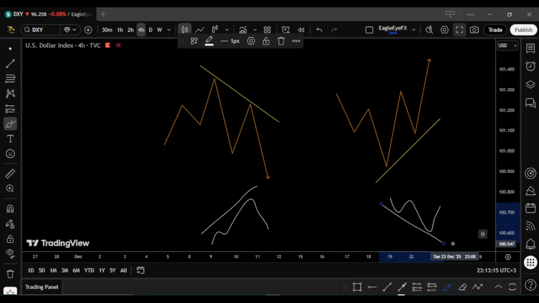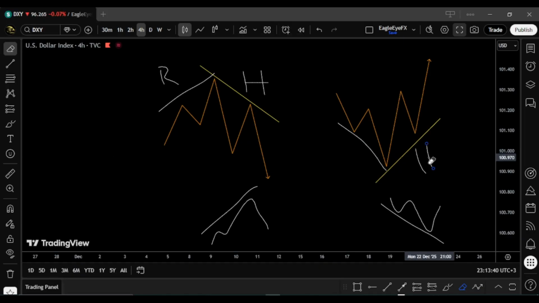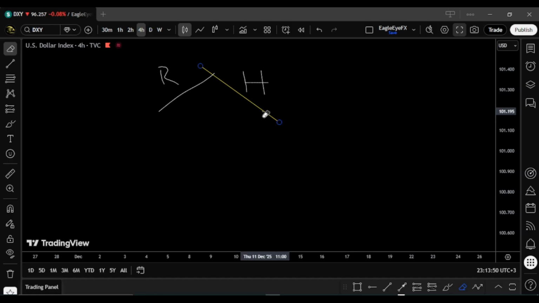So they have to do the reverse. When checking divergences, you can decide to use the regular divergence, checking here and here with the awesome oscillator, or you can use the hidden divergence. Those are the two things we normally use as confluence when trading the QM pattern strategy.